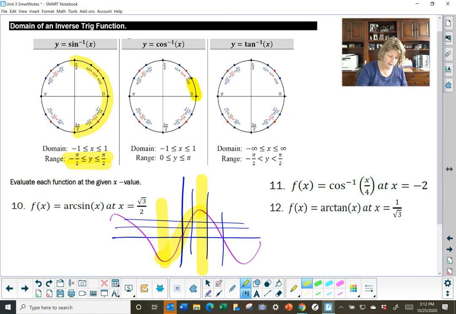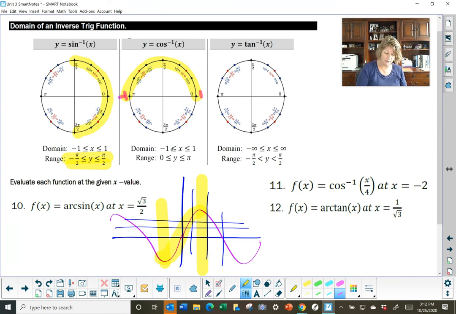Cosine is restricted to right here. We go 0 to pi on it. That will cover all the values from 1 to -1, because cosine of 0 is 1, and cosine of pi is -1.